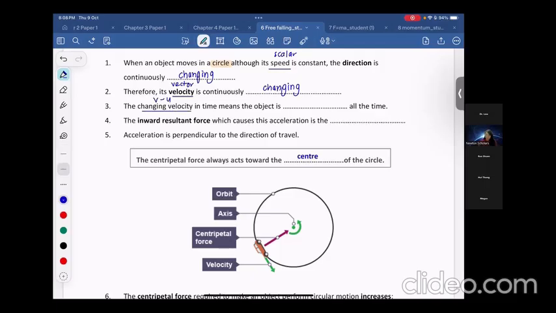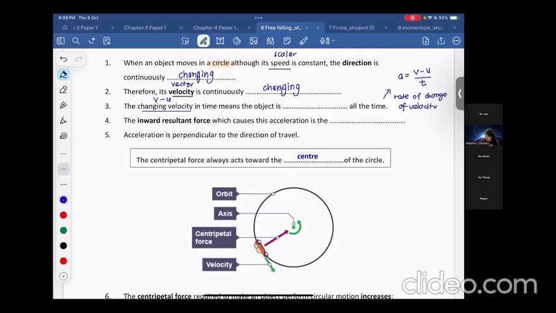Previously we learned that acceleration is v minus u over t. What is the definition of acceleration? Rate of change of velocity.